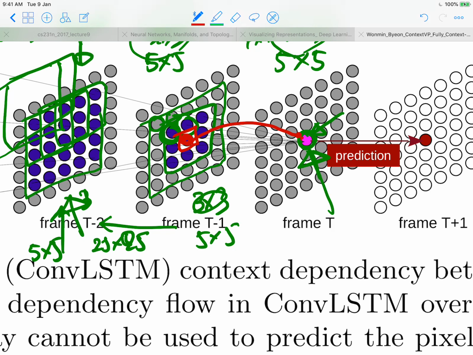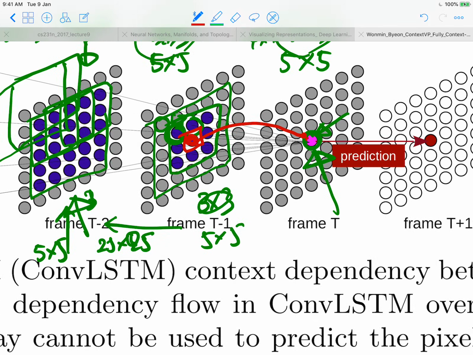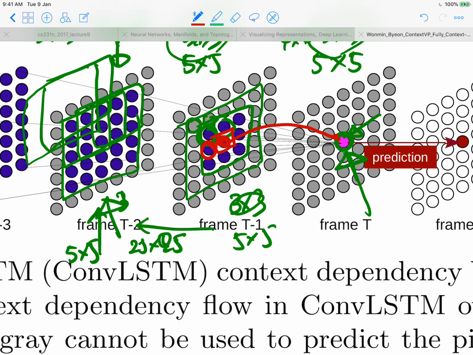But if we use 3 by 3 filters, it gives one more pixel on the left, right, up and down. And then for this one, when considering the single pixel mapping over here, how many additional pixels can we look at in the input layer?